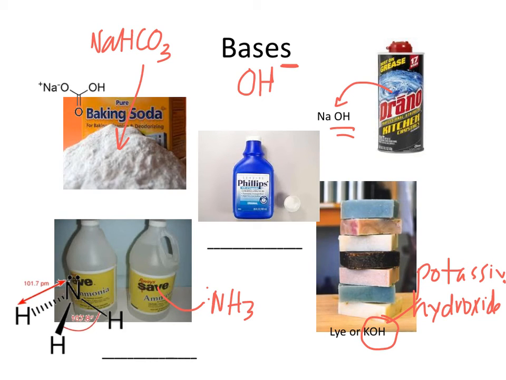And Phillips milk of magnesia is also actually Mg(OH)2. This is a strong base, much like sodium and potassium hydroxide, but if you've ever had this, it's a milky white solution. And that's because magnesium hydroxide doesn't really dissolve well in water. So those are some examples of acids. These are some examples of bases.